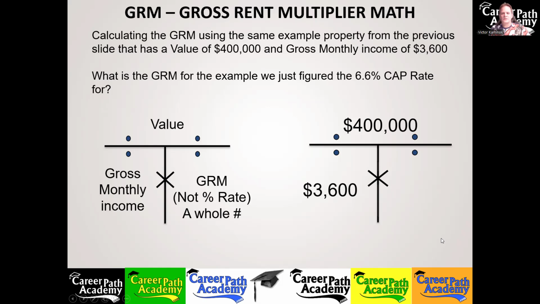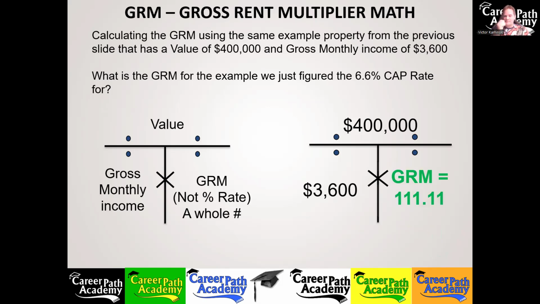Well, I think it's a little bit more than that. You've got your 400,000 divided by 3,600. And what do you get? 111. 111.11.